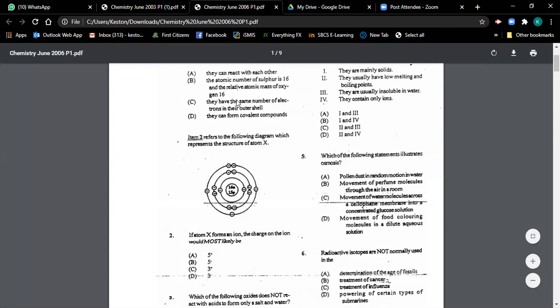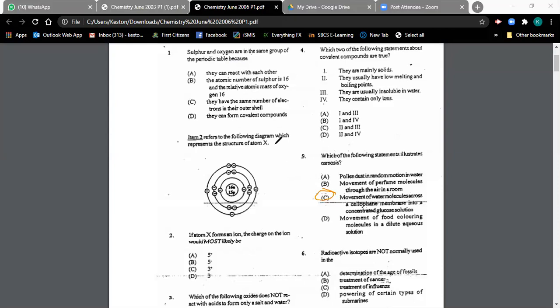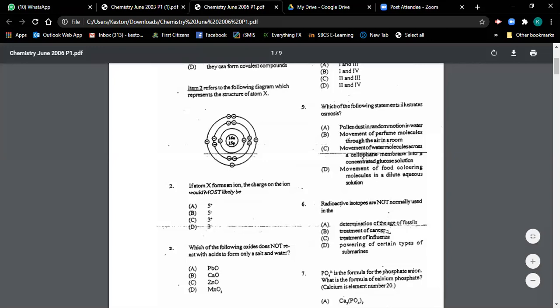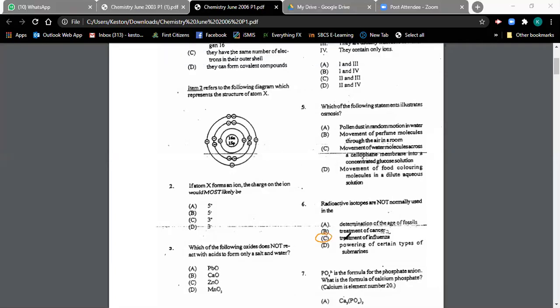The cellophane membrane would be like that membrane that we're talking about. 6, radioactive isotopes are not normally used in the... correct answer is C, treatment of influenza. Right? We use it in the treatment of cancer.